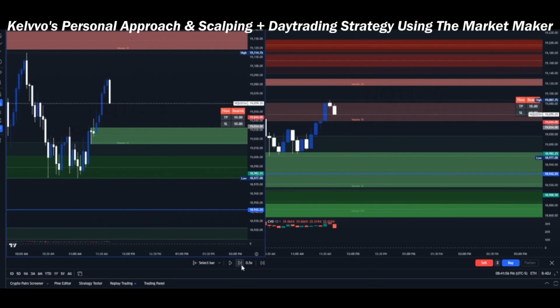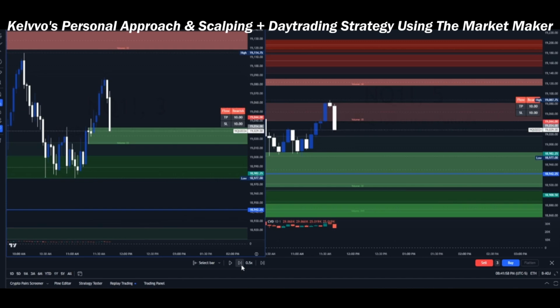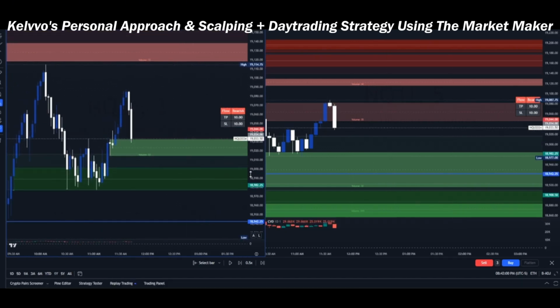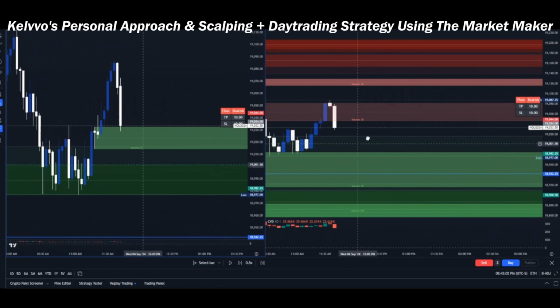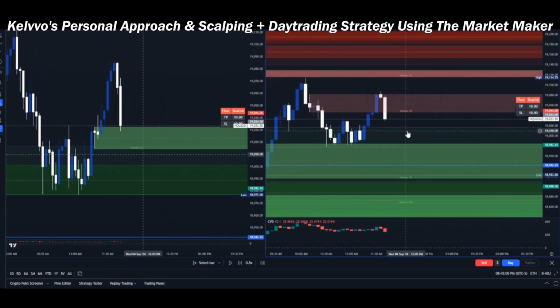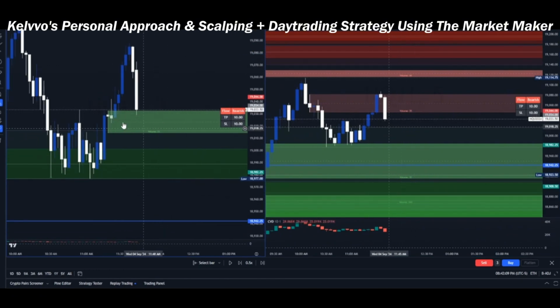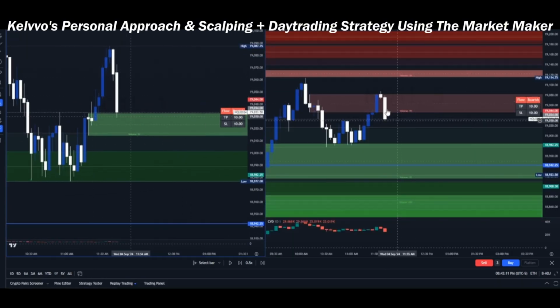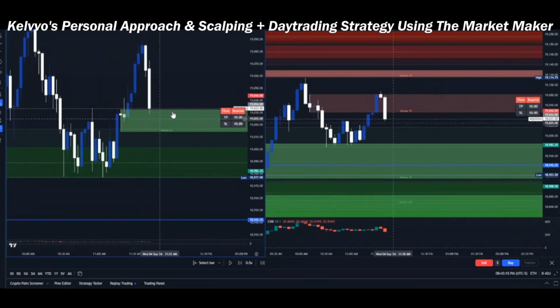Now for me, being really patient and waiting for this trade, I mainly took into account taking this specific area, even though we're in a bear zone. For me, this is just an A setup. The reason why is because of having multiple rejections right here.